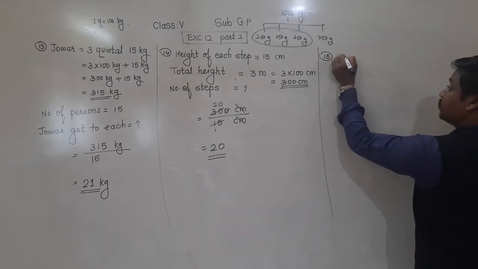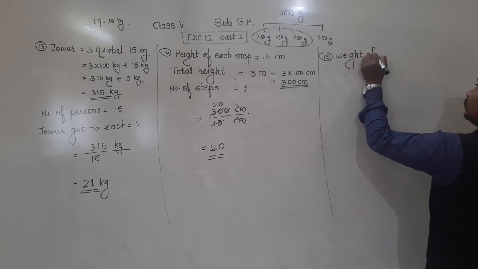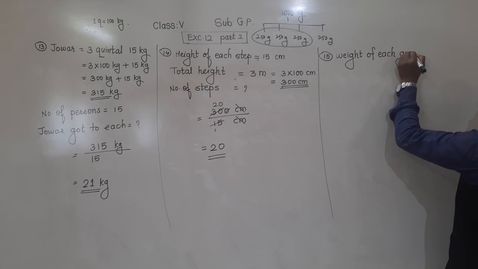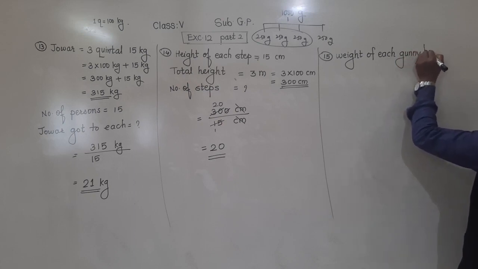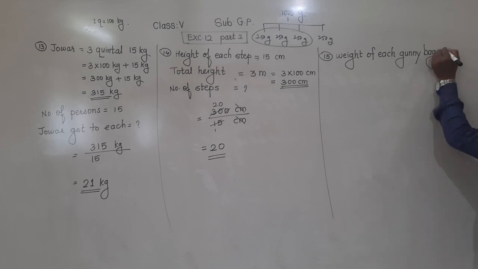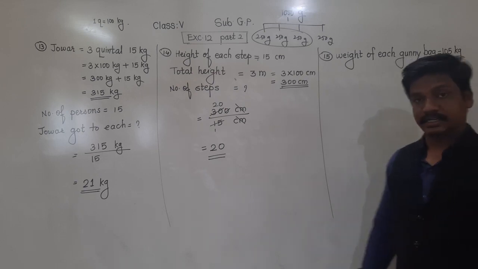The weight of each gunny bag is how much? 105 kg, right? And how many gunny bags are there? 3 gunny bags are there.